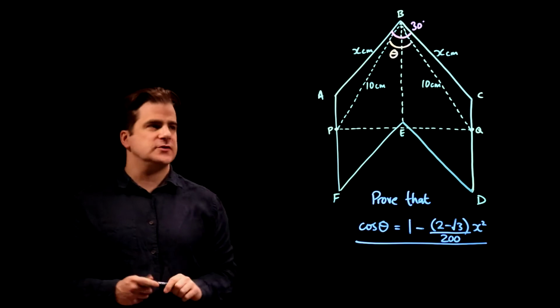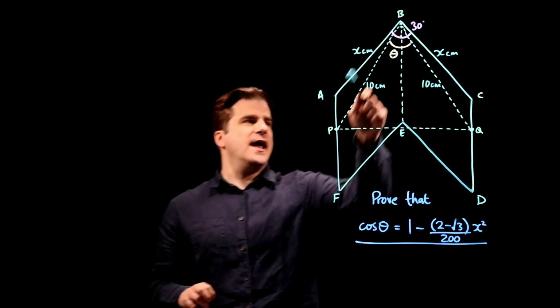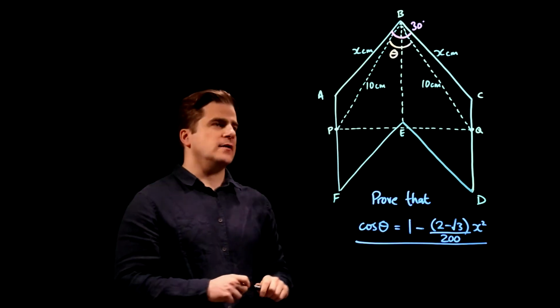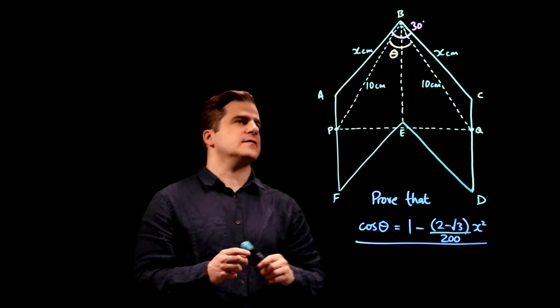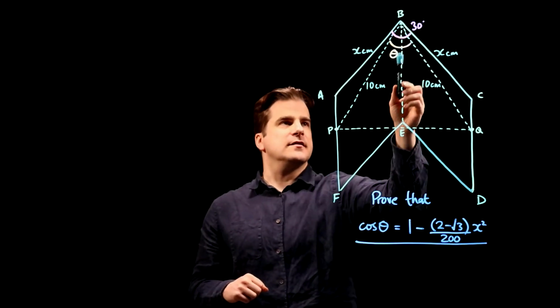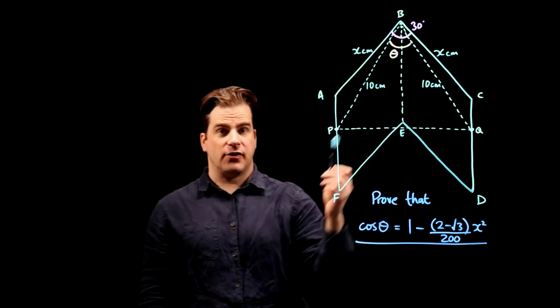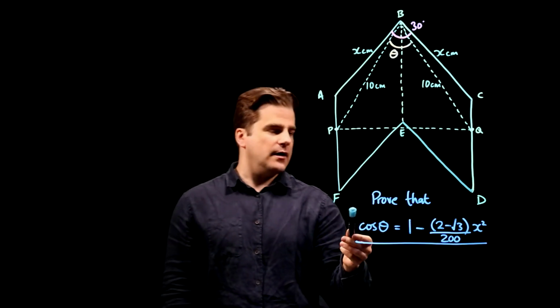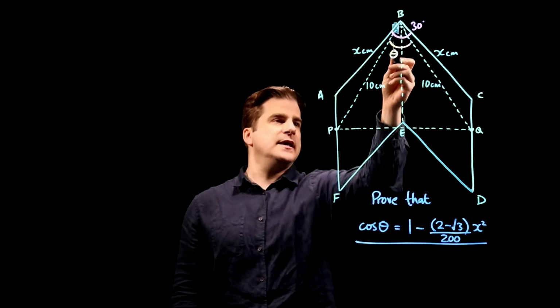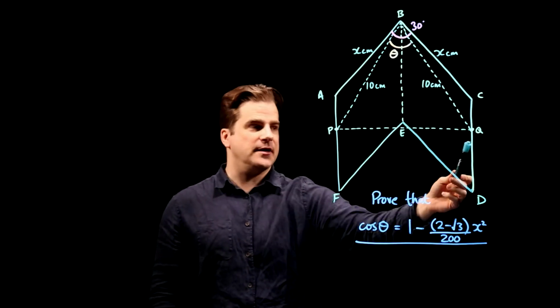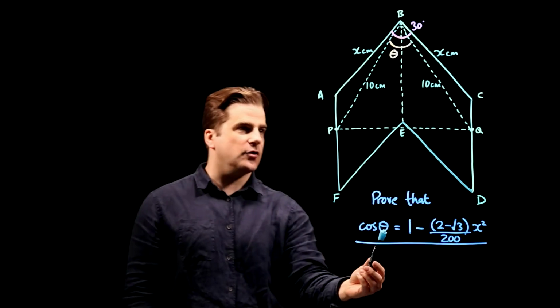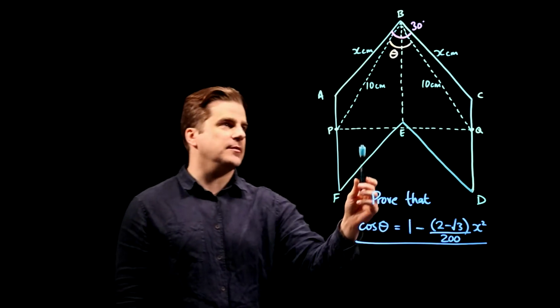Okay, here's the situation. We have this hexagon and we've been told that this angle is 30, and this angle, I've called it theta. In the question they called it PBQ, but it's easier just to call it theta rather than writing out PBQ.